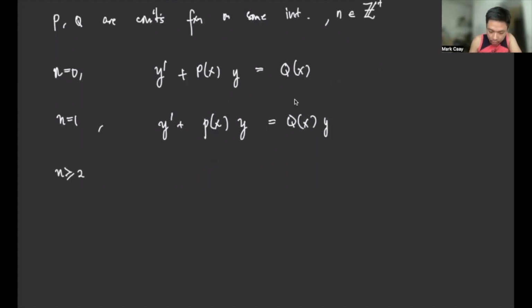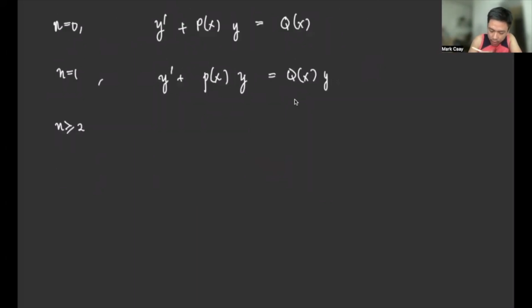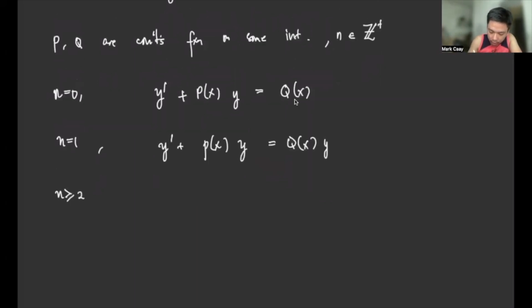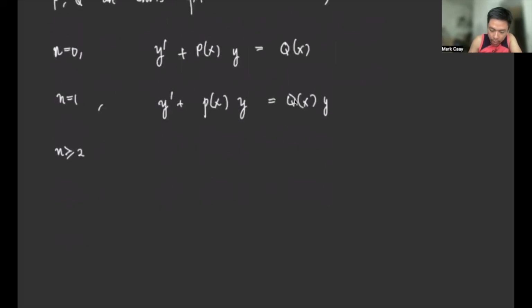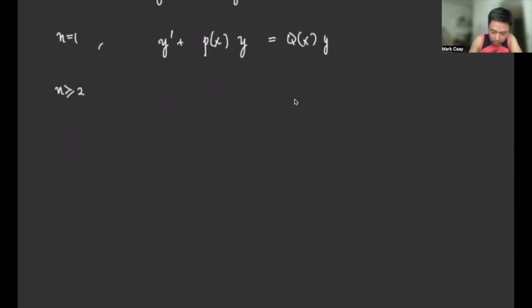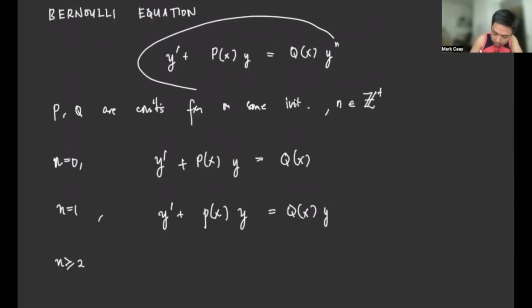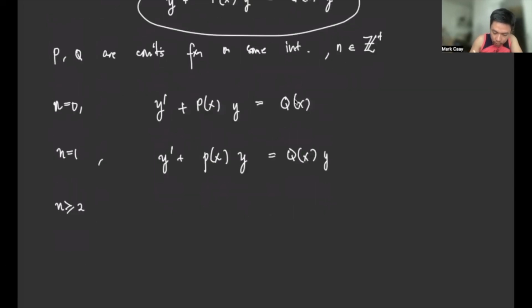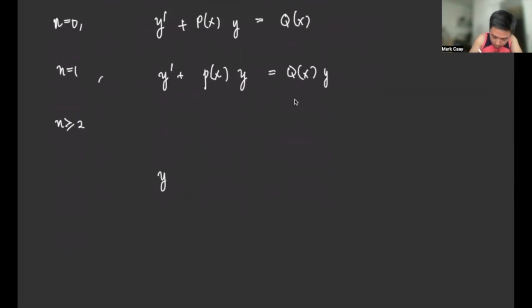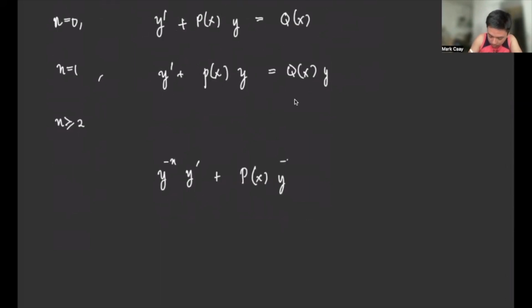Ang mangyayari dyan, pwede natin siyang i-divide by y to the n. Our new equation will now become y raised to the negative n, y prime, plus p of x, y to the 1 minus n, which is equal to q of x.